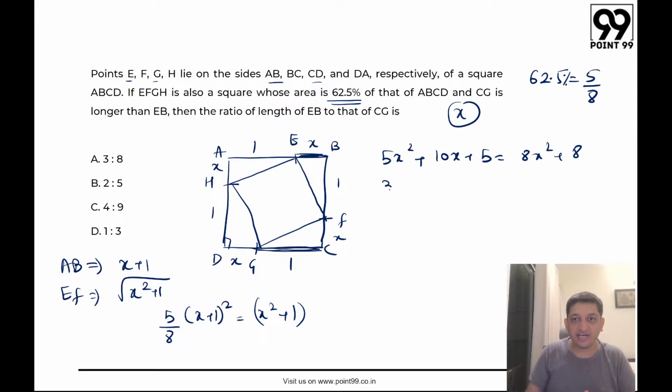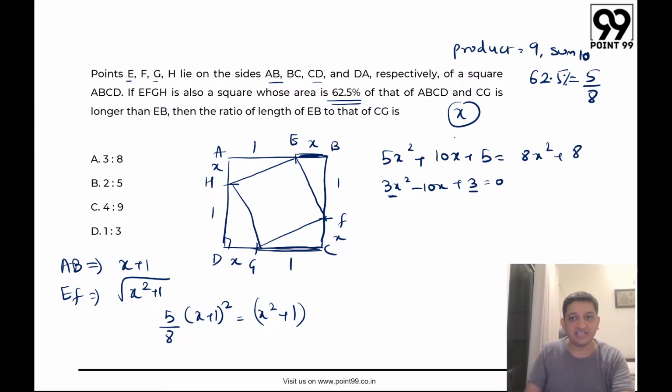So you are going to get 3x square minus 10x plus 3 equals 0, right? Now we know that the product of the two numbers is 3 into 3, that is 9, and the sum is 10. So which numbers have product 9 and sum 10? 9 and 1.